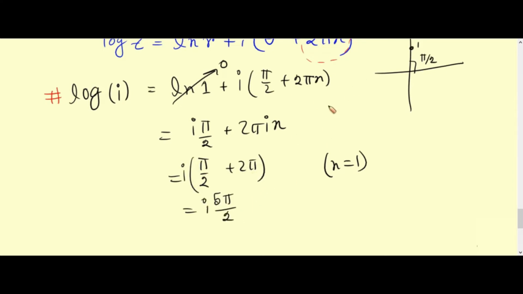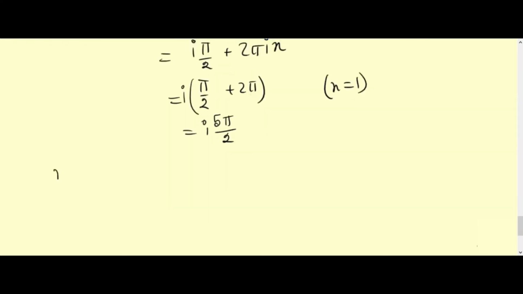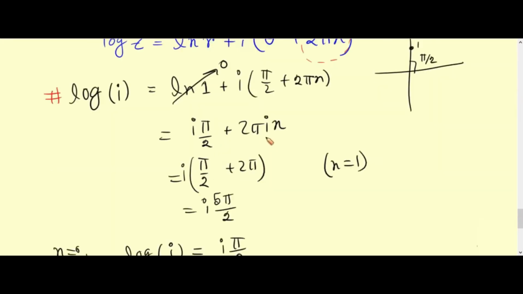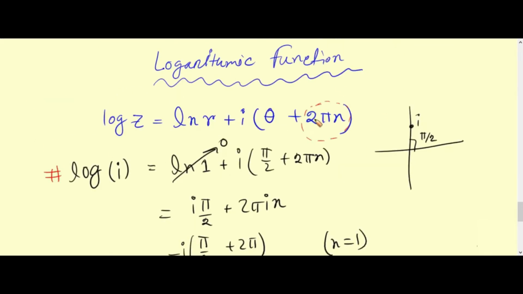But if you take n equals 0, log of i will be just i pi by 2. So as you can see, these two values are not equal, and this reflects the fact that this log function is actually a multivalued function.